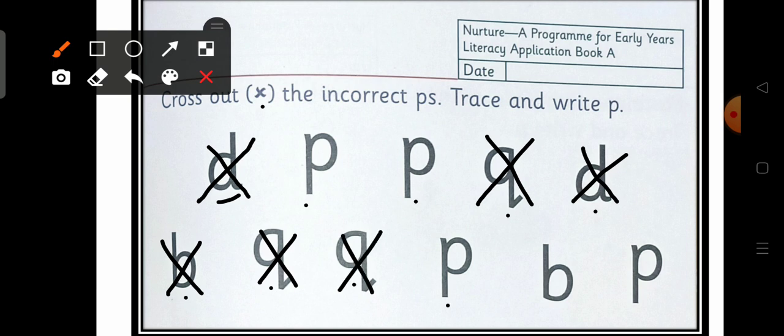Is this letter P? Yes, it's correctly written. So we are not going to cross it. Is this letter P? No. What we are going to do? We are going to cross it. Okay. This is P. This is correctly written. So we are not going to put a cross.